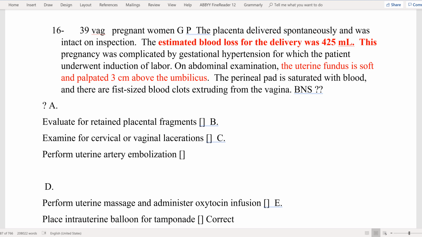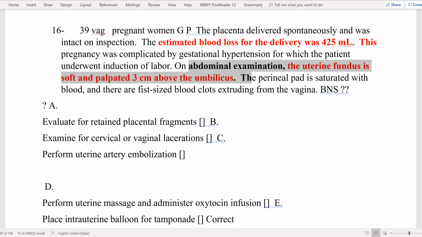So this patient, they said soft enlarged uterus. When there is an enlarged uterus, it's unlikely to be laceration. In the physical exam for laceration, they tell you there is a tear or something like that. This physical examination is most likely uterine atony. How about retained placenta?